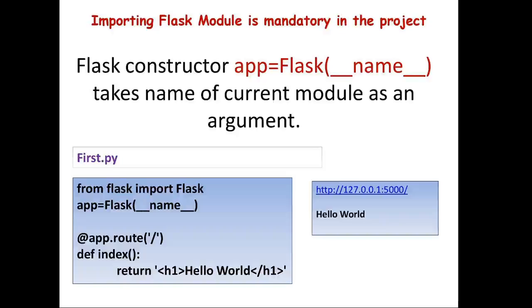This was the URL given by the web application, and when we open this URL with the help of a browser, the output was hello world, because this text was written in the return statement. So these are the steps to write an application and execute that particular application.